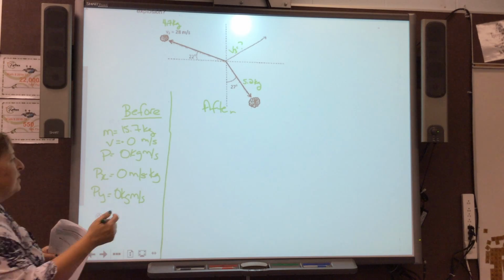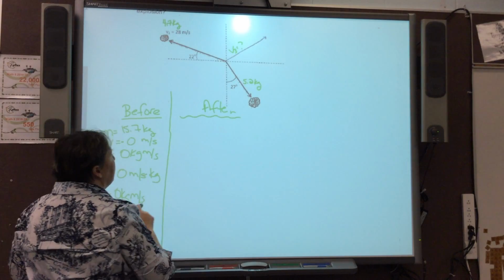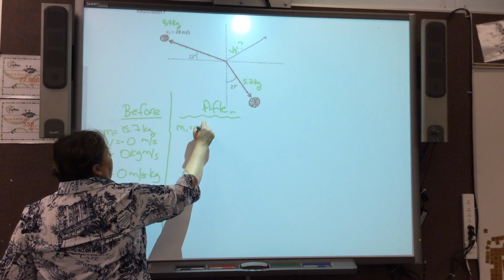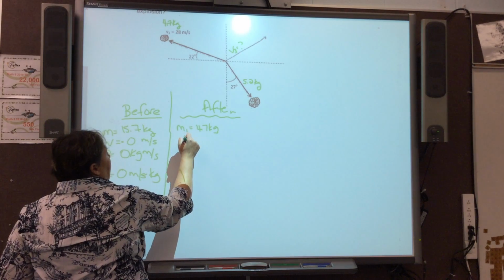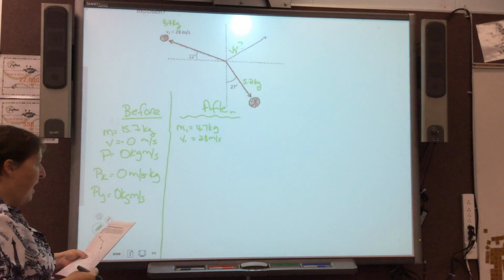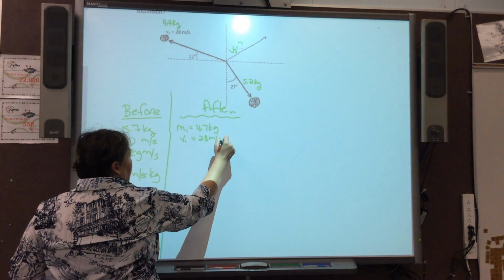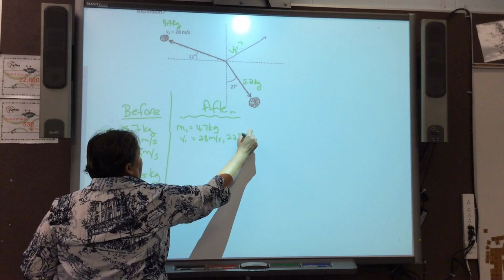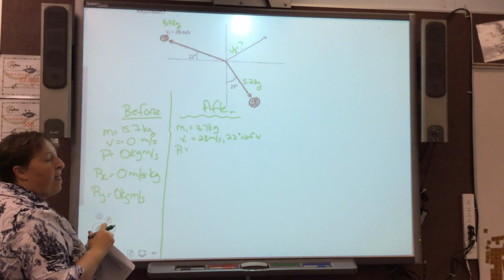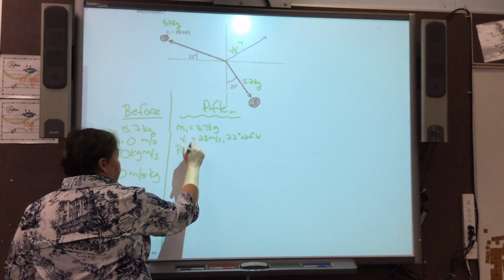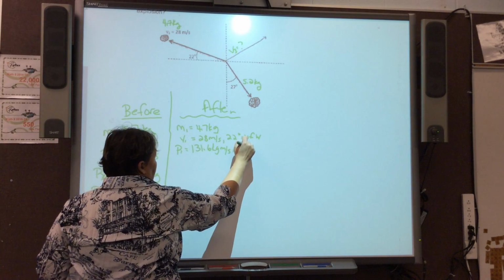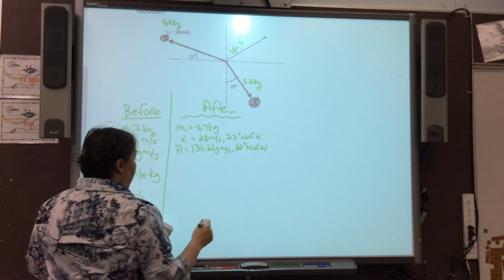So after, we have a bunch of information we can write down. So we have mass 1 is 4.7 kilograms. Its velocity is 28 meters per second. And so its momentum is, let's say 22 degrees north of west, 131.6.